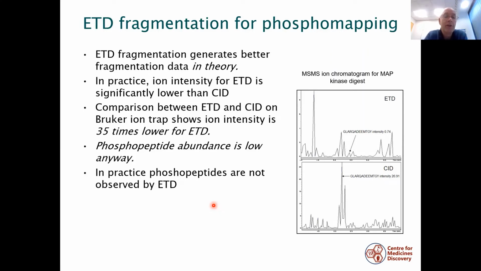We've said that phosphopeptide abundance is going to be low anyway in a mapping experiment. So if you reduce the intensity by 35 times compared with CID, in practice, that means phosphopeptides are not detected by ETD, not with our systems. They're quite some of the earliest ETD systems, and I think later ETD systems are better, but this is the reason why we do not use ETD here at the Centre for Medicines Discovery.